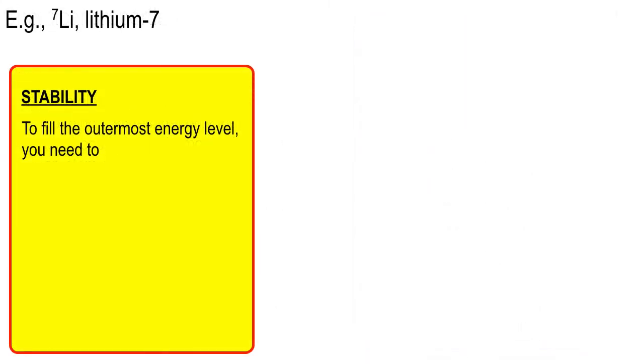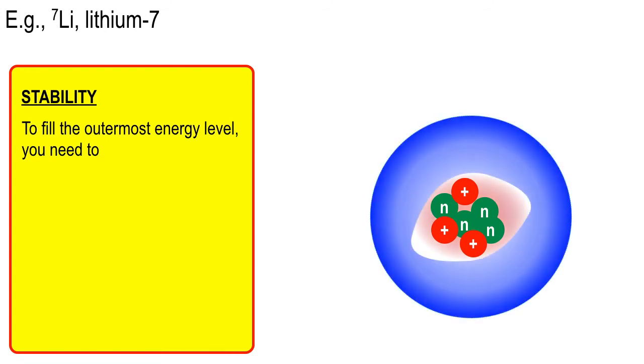So let's take a look at lithium. Lithium-7. And here's a picture of lithium-7. Now, to fill the outermost energy level, you've got to take care of the ground state, n equals 1. Okay, there's 2 electrons, an up and a down.